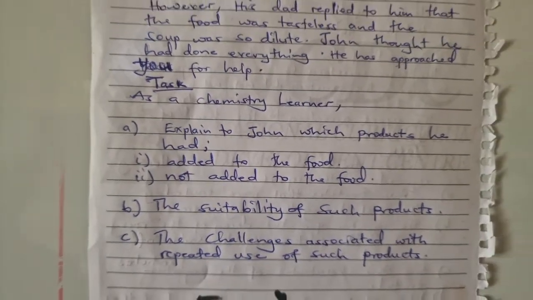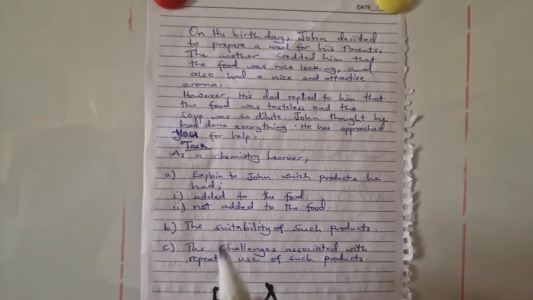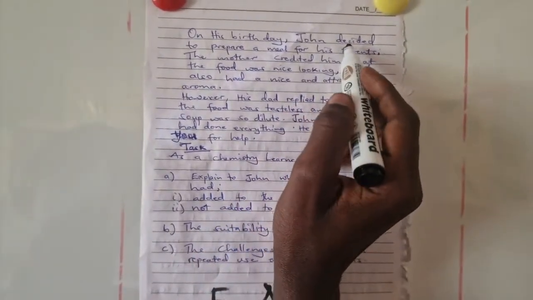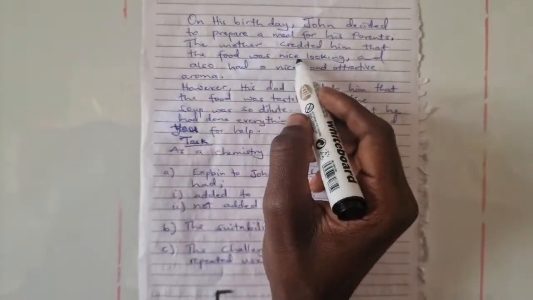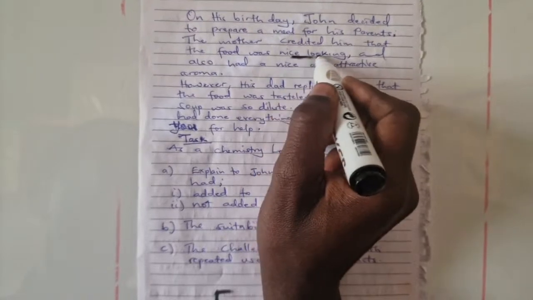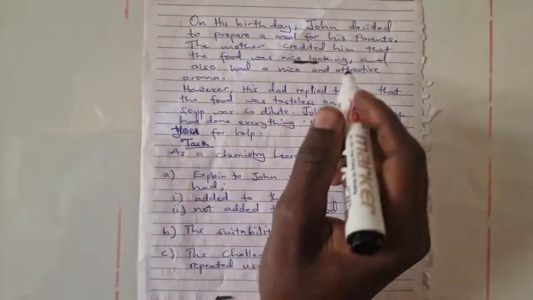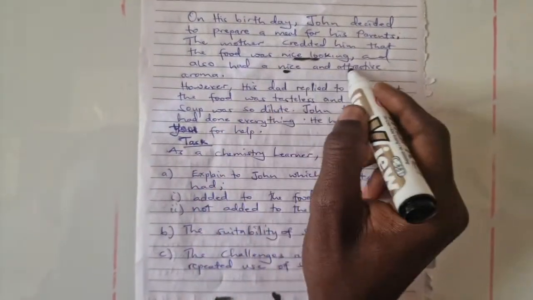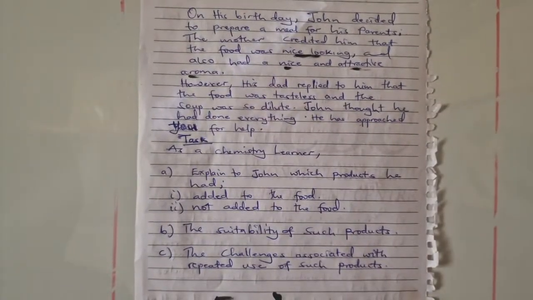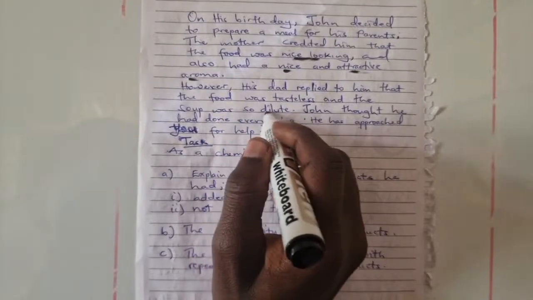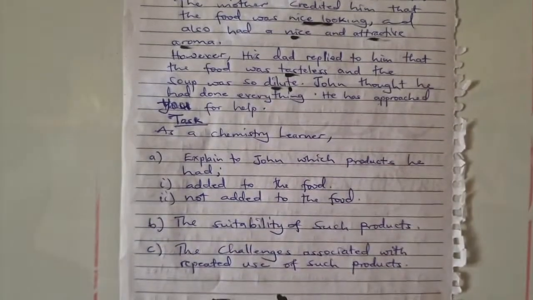So when we look at the scenario, we only identify the key things. John prepared a meal, but the meal prepared by John was credited by the mother that it was nice looking. So this drives us to a certain food additive. The mother also said that the food has a nice and attractive aroma. However, the dad said that the soup was so dilute and at the same time, the food was tasteless.